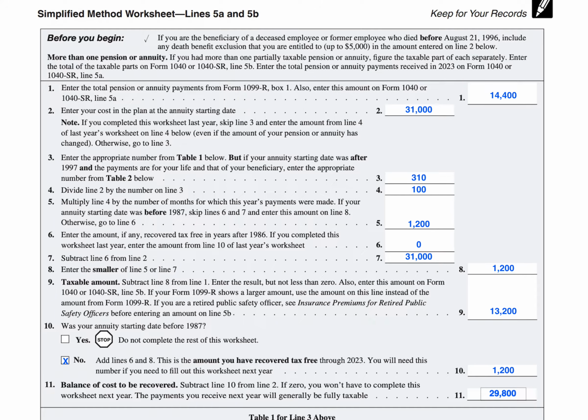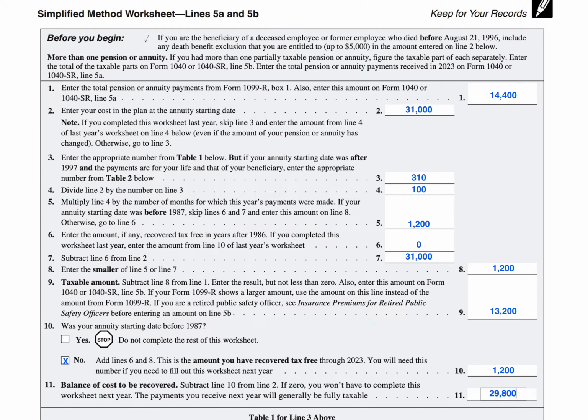Those conditions are: you receive your pension or annuity payments from a qualified employee plan, a qualified employee annuity, or a tax sheltered annuity plan such as a 403b.